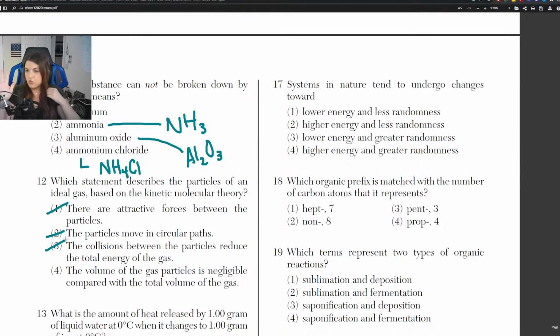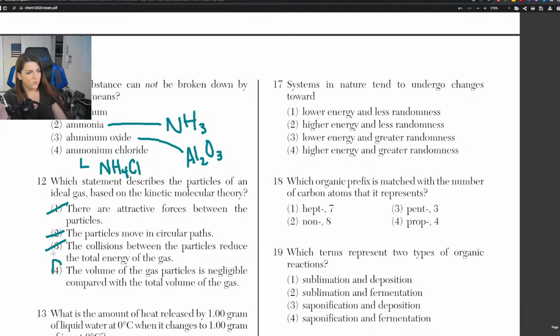One of them has 100 joules of energy and the other has 50 joules of energy. When they crash into each other, they're going to leave the collision with 75 each. They split the difference. So even though a particle may gain or lose energy, the entire system is going to keep the same amount of energy. It doesn't lose anything. So that one is not the answer because we're not reducing the total energy.